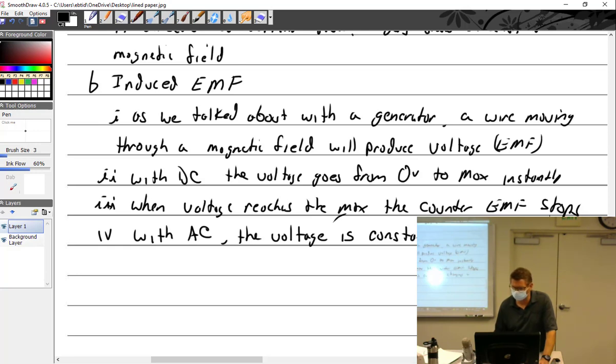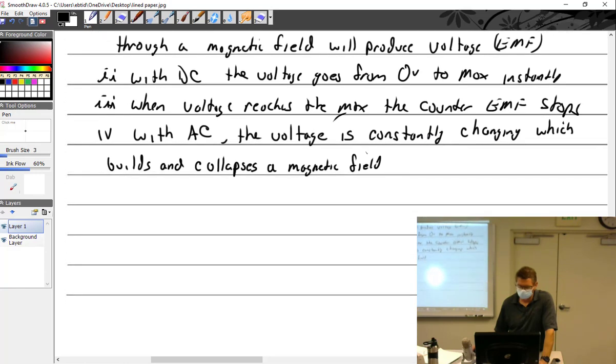Constantly changing, which builds and collapses a magnetic field around the wire.